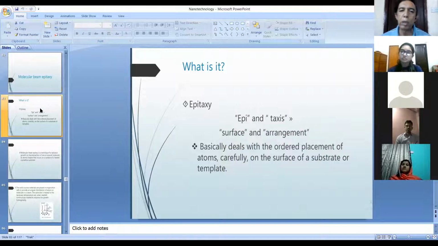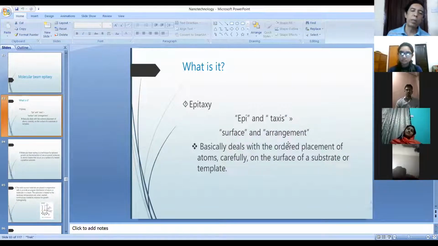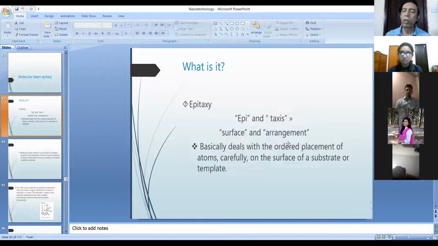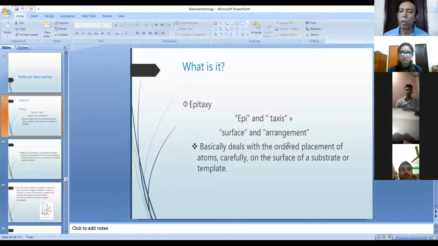The word epitaxy means: epi means surface, taxi means arrangement. That means it basically deals with ordered arrangement of atoms or molecules on a substrate.